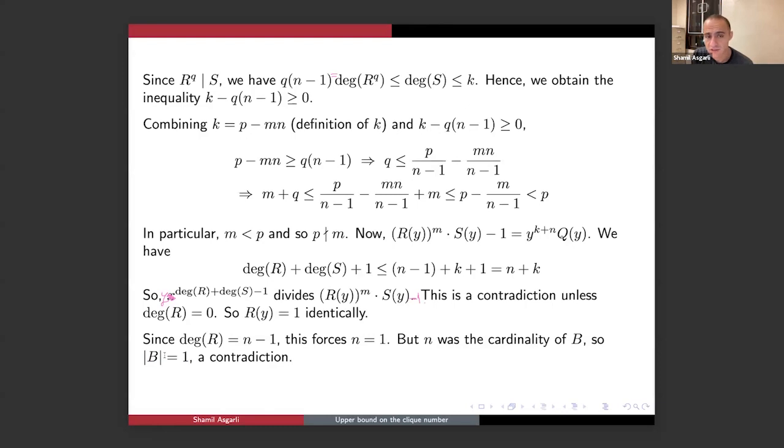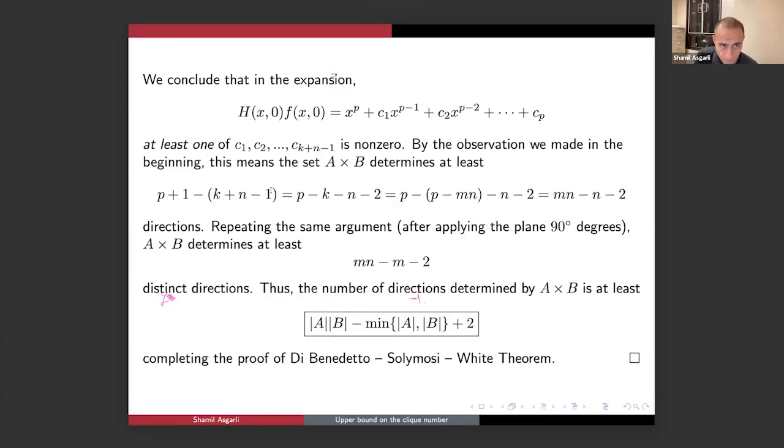So that's a contradiction. So what do we conclude? We conclude that in the expansion of h of x0 times f of x0, at least one of c1, c2, all the way until c sub k plus n minus 1, one of these has to be non-zero.